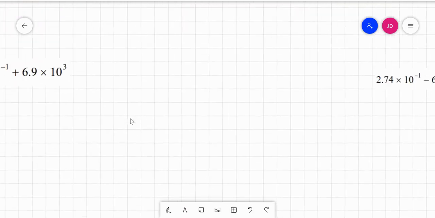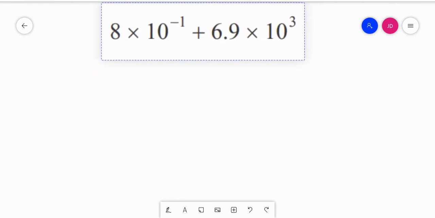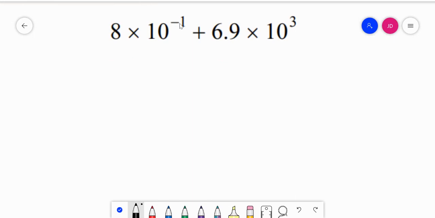Okay, let's take a look at another one. Again, I'm going to make this bigger. Okay, an addition problem. The smaller exponent here is -1, and I want it to catch up to 3. So in order to do that, I have to add 4. Now I can't just add 4. I have to also make this number smaller by moving the decimal over 4 spots.